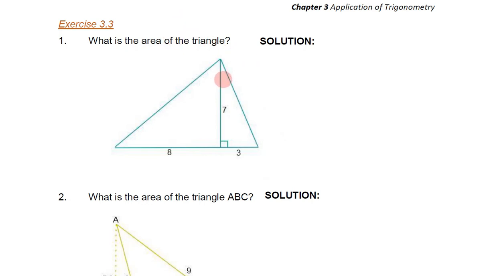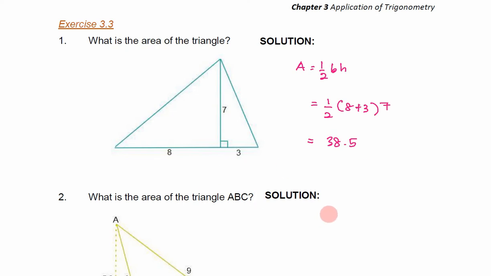So we know the height and also the base. So since we know these two pieces of information, we can just use the formula for area equal to 1/2 base times height, where your base is equal to 8 plus 3 and the height is 7, and the answer is 38.5. Right?